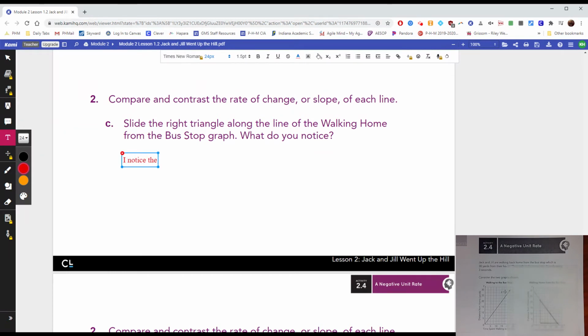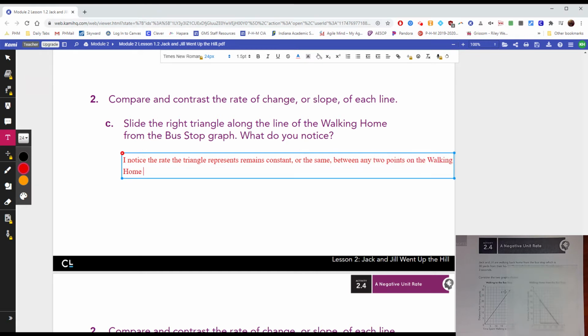I notice the rate the triangle represents remains constant, or the same, between any 2 points on the walking home graph.